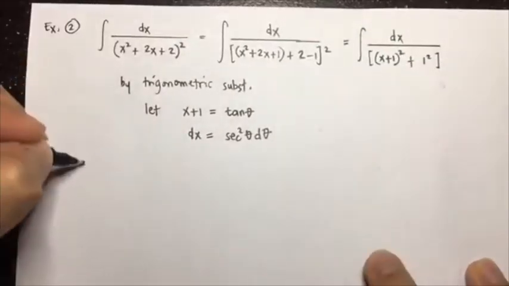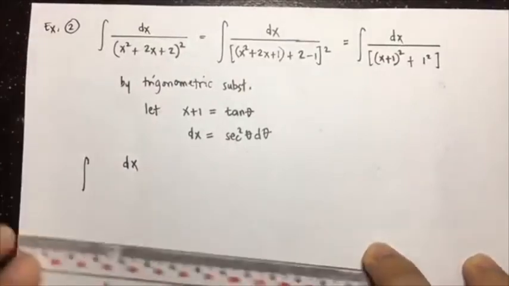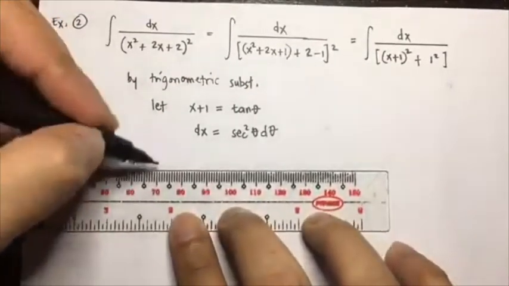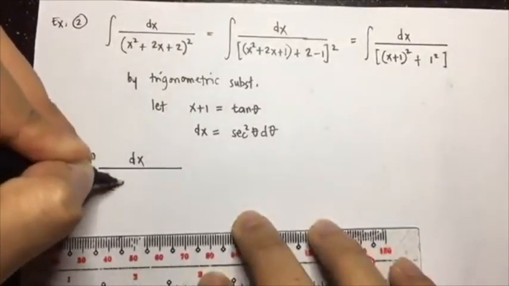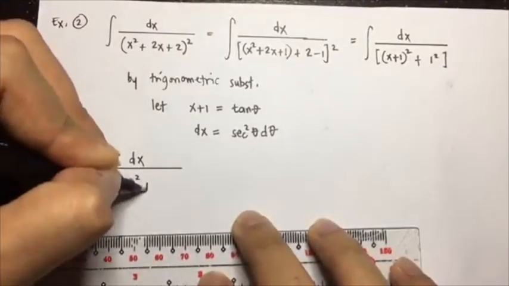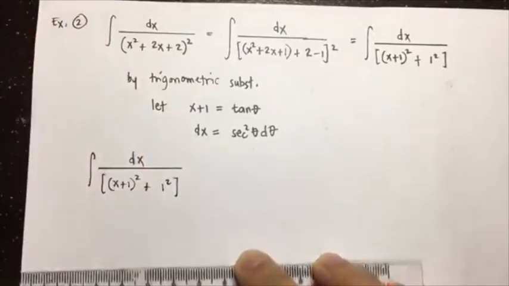Okay, so our integrand now will become, so let's write again our integrand, dx over (x plus 1 squared plus 1) squared.